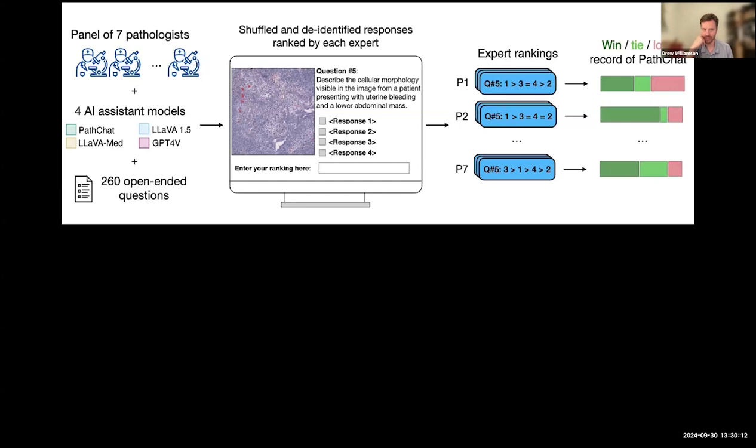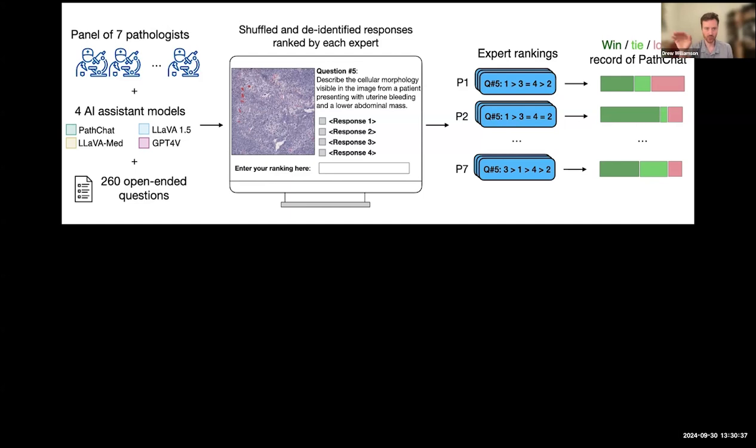And for those questions, we assembled a panel of 7 pathologists, myself included, and we had these open-ended responses, and we generated a response from each of the models, and we had each pathologist rank and grade these in a blinded fashion. So each pathologist just saw the image and the question, and then 4 responses that were shuffled for each question.